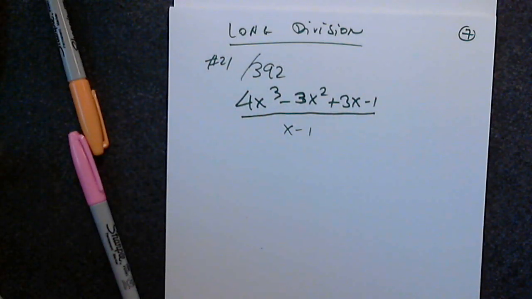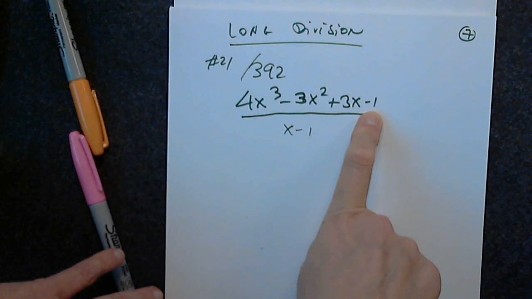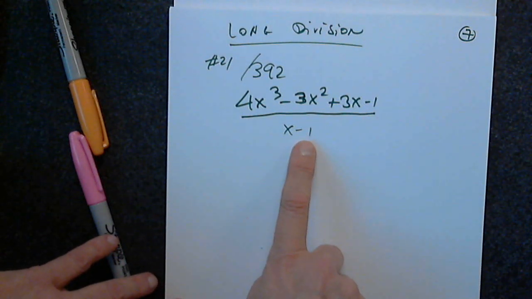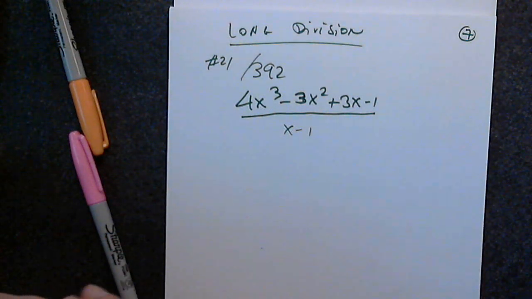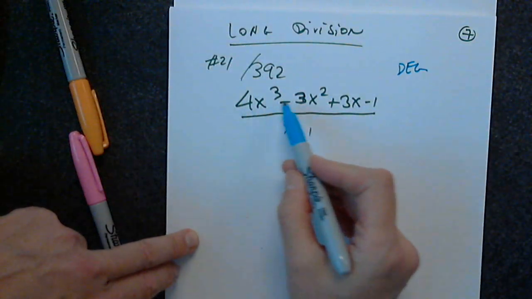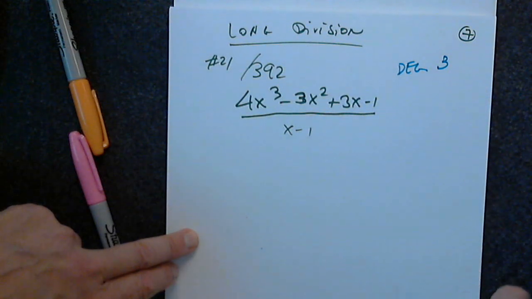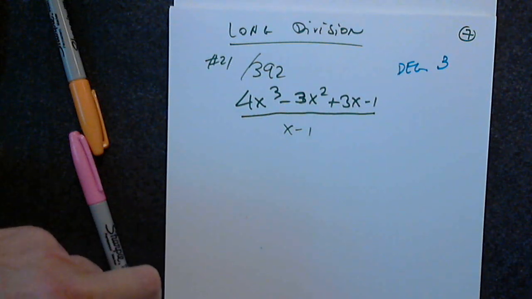Well, I have to ask myself two questions before I start. Here's my first question. Is this polynomial in descending order? If they are not, I have to rearrange them. But it happens that they are. What is the degree of the numerator? Very good. Now I'm asking myself the second question. Is there any missing term? And you can say, how will I know whether there is a missing term?